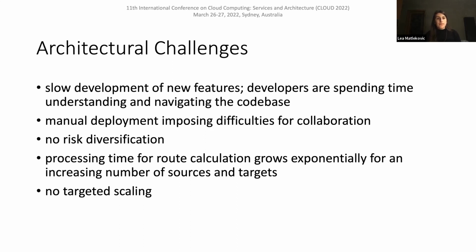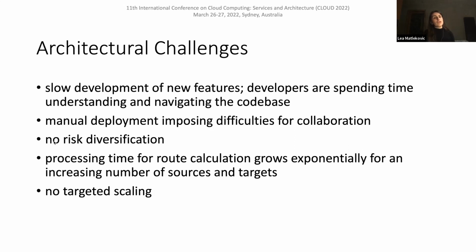Also, the application was deployed manually, meaning that every time different developers contribute to the application, they would have to deploy it on their own, which would impose a lot of difficulties for collaboration between the developers, because they would not be aware of what other people deployed.